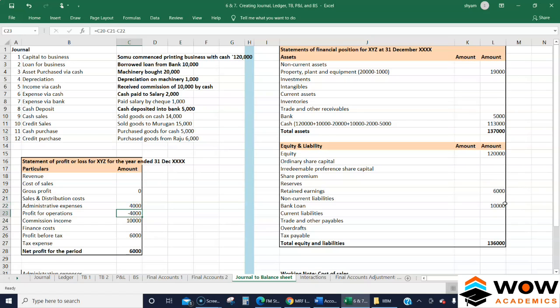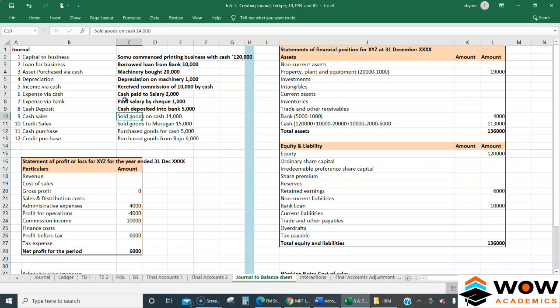You could see here, now the balance sheet is not tallying. Why it is not tallying is we have not taken out the payment of the salary from bank. It was 5,000. From that we have to minus the 1,000. So the answer will be 4,000. So now your answer is again tallying.